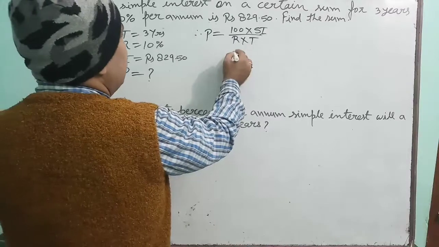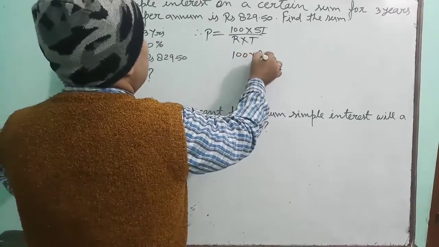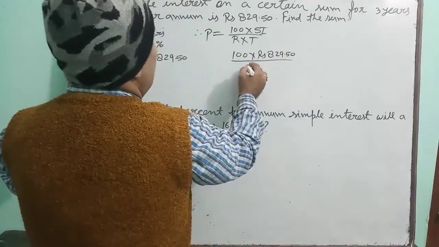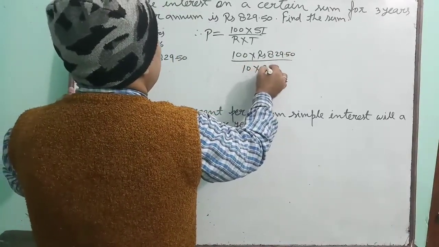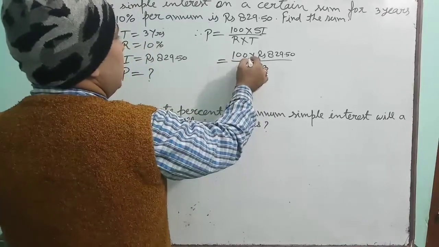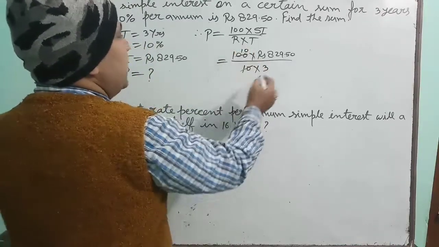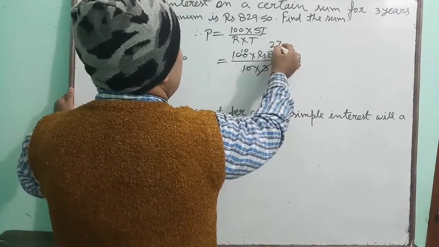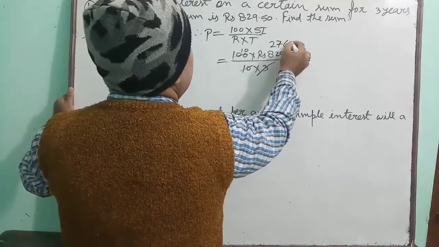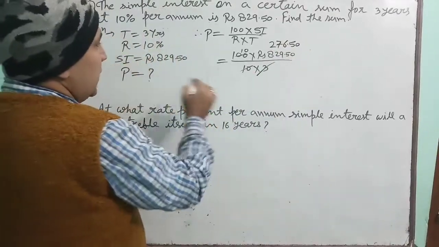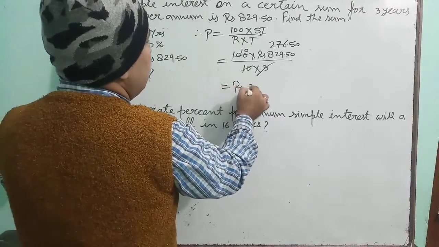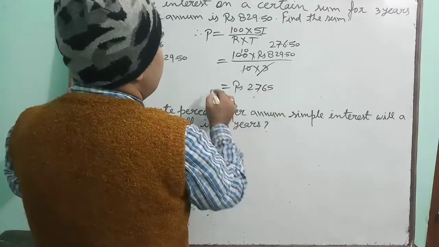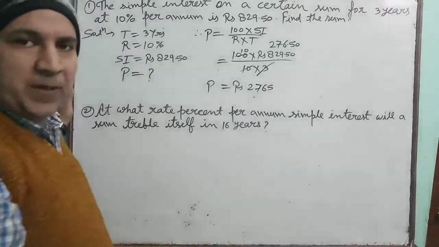Now put the values and calculate it. 100 into rupees 829.50 upon 10 into 3. 10 divides 100 ten times. 3 divides this: 3 into 2 is 6, 3 into 7 is 21, 3 into 6 is 18, 3 into 5. By multiplying this, we are getting 2,765 rupees. This is the principal amount.